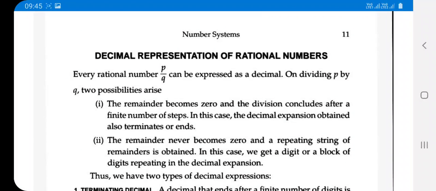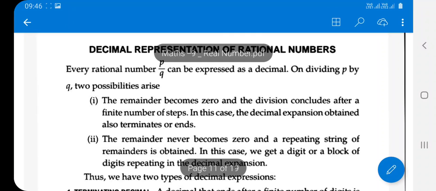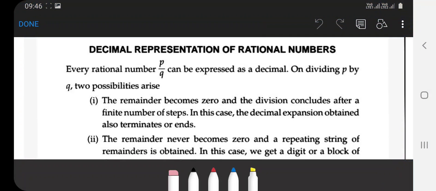Every rational number p by q can be expressed as a decimal on dividing p by q. On dividing p by q, there are two possible results.